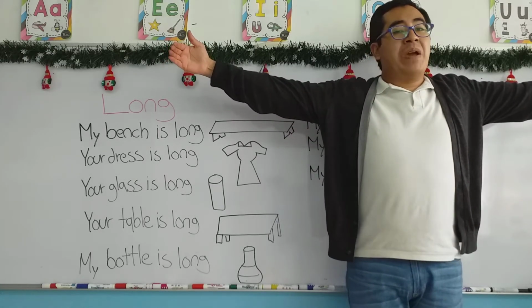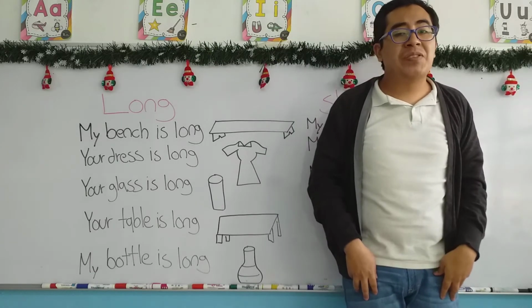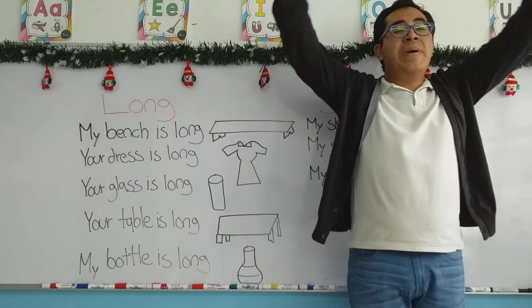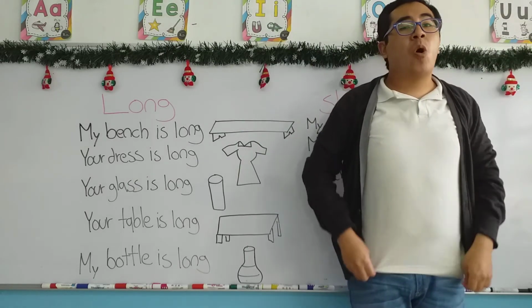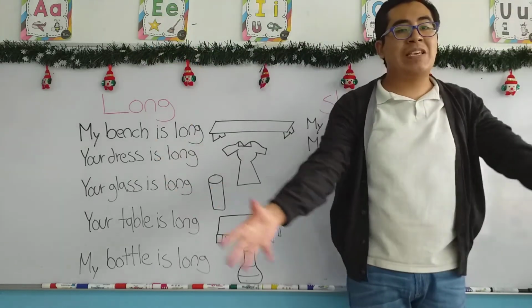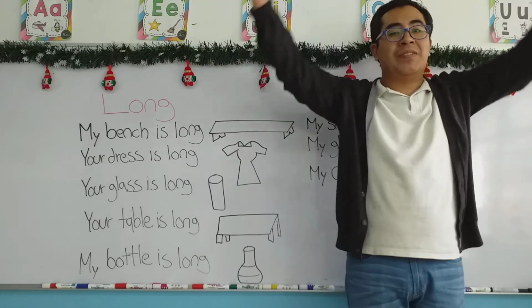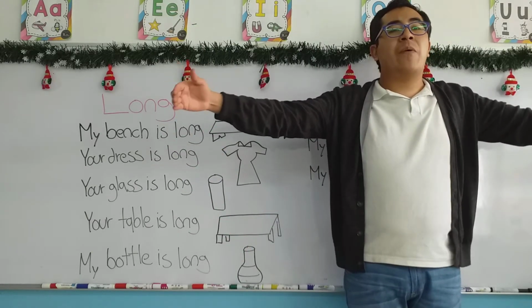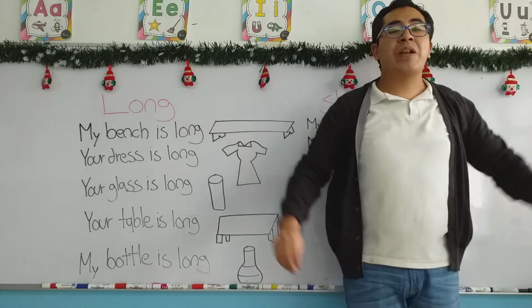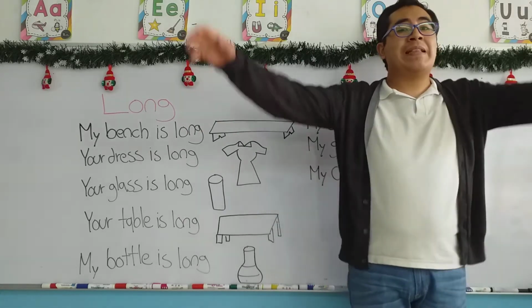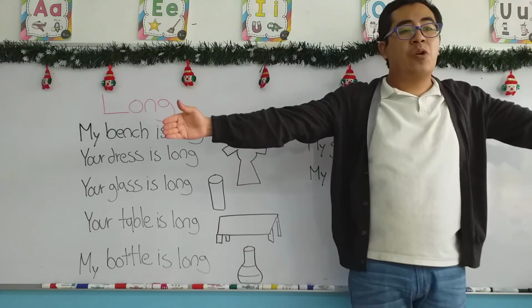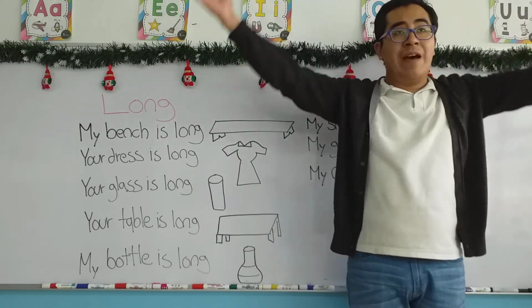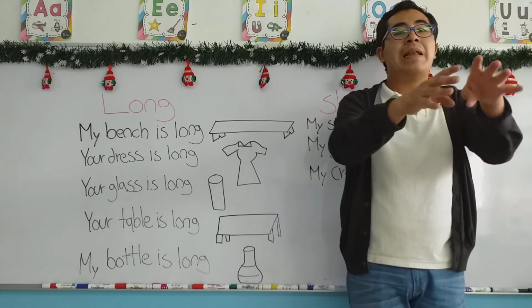larga. Remember, there is a difference between big and long. Big is when the whole object is of the same size. Okay? Long we are only talking about measure. Recuerden, chicos, que hay una diferencia entre grande y largo. Grande cuando nos referimos a toda la forma del objeto.